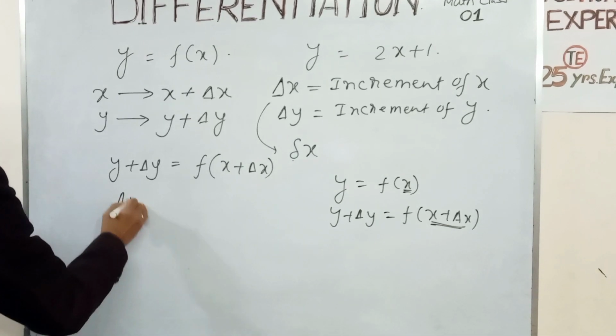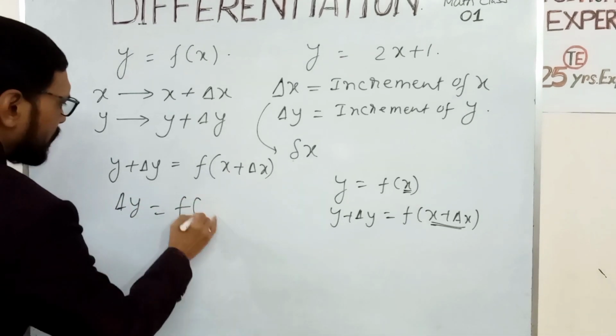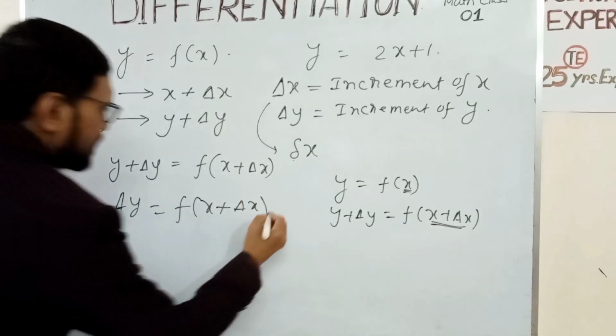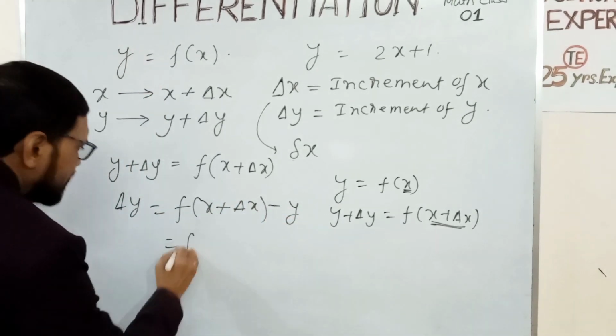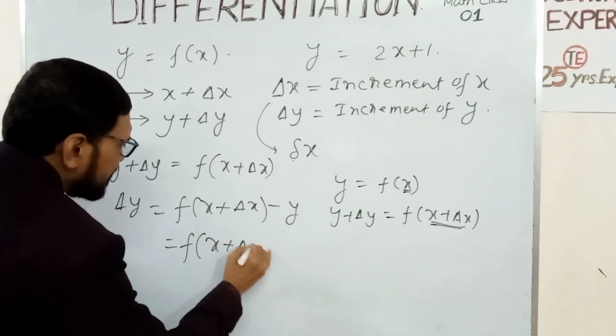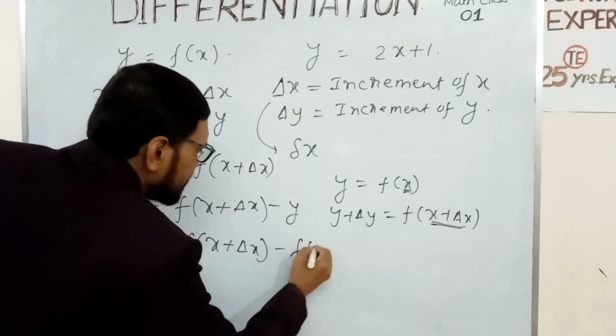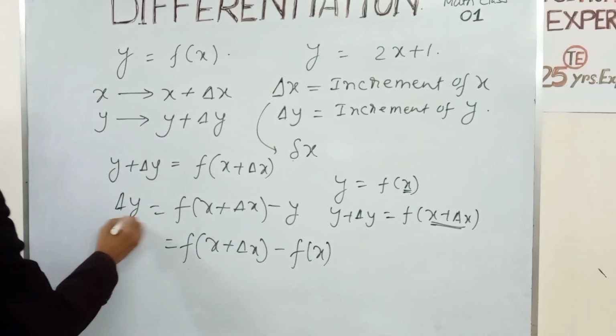So delta y equal to f of x plus delta x minus y. What is y? y is f(x). So delta y equal to f(x plus delta x) minus f(x).